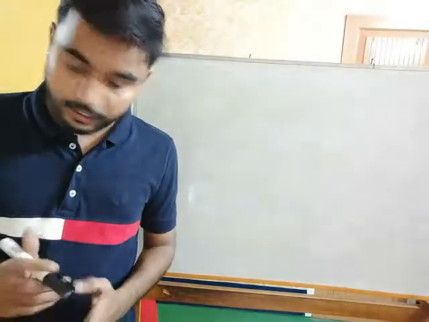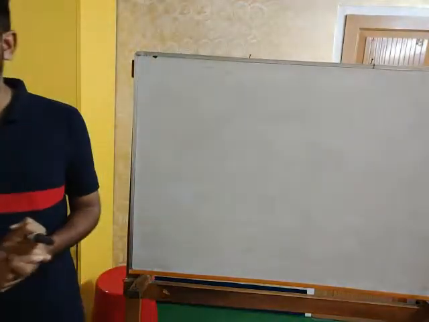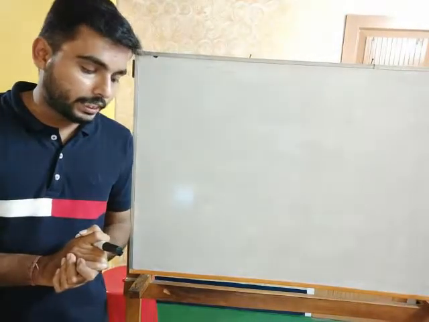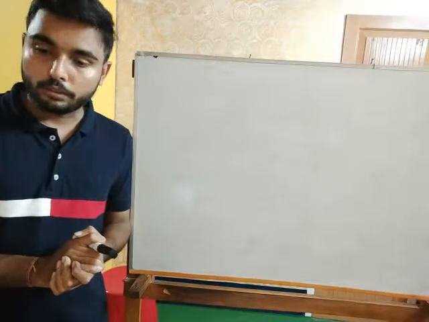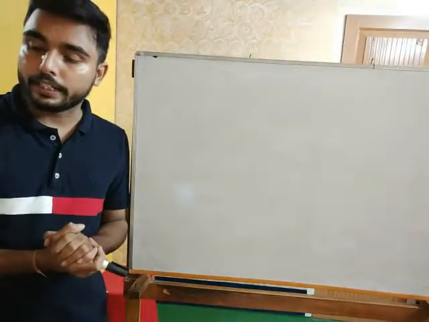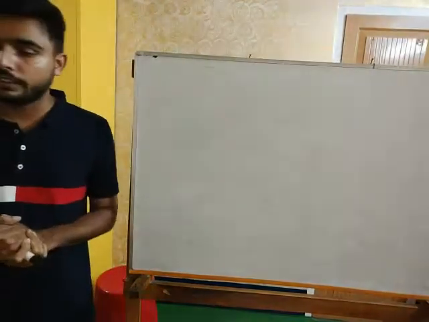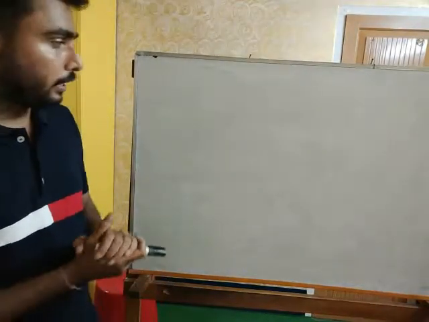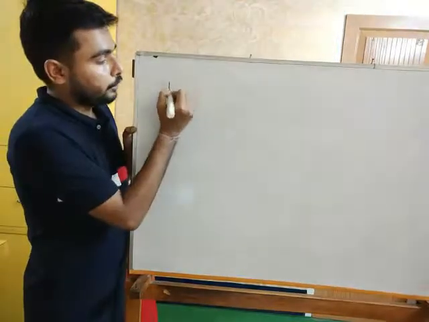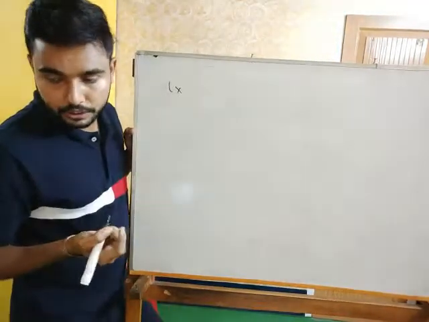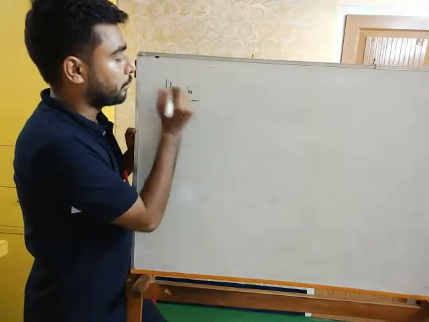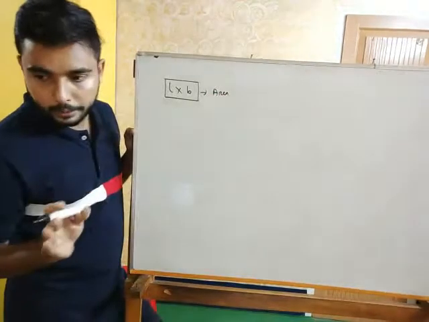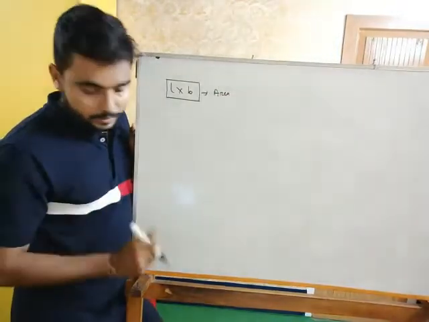The question says the area of a rectangular plot is 528 meters square. You are given a rectangular plot and its area, and I feel you are in class 10, so all of you might know the formula for finding the area of a rectangle. How to find the area of a rectangle? You just need to multiply the dimensions, that is, you need to multiply length and breadth so that you will get the area of the rectangular field. Clear? So the value of the area is given.